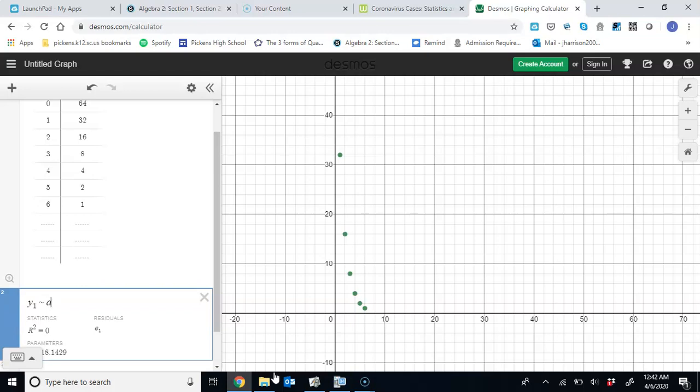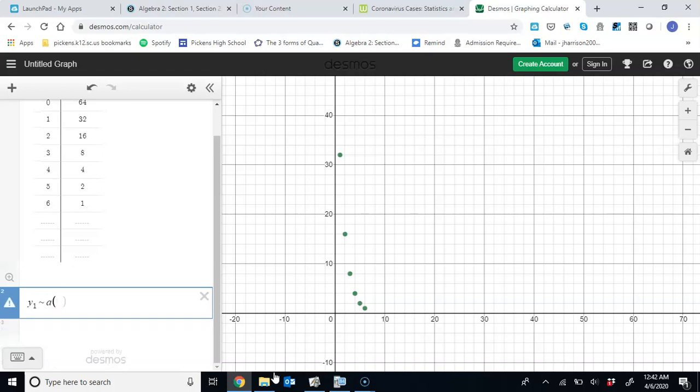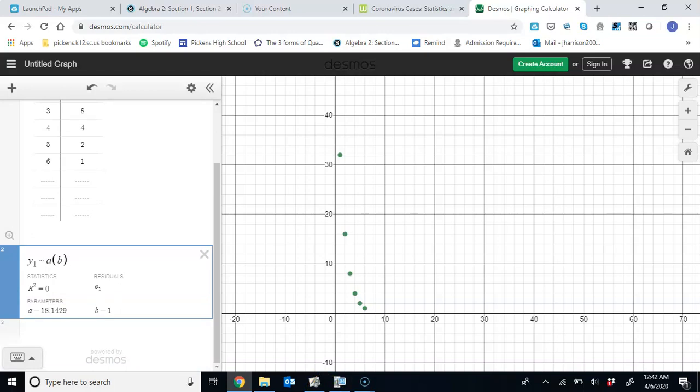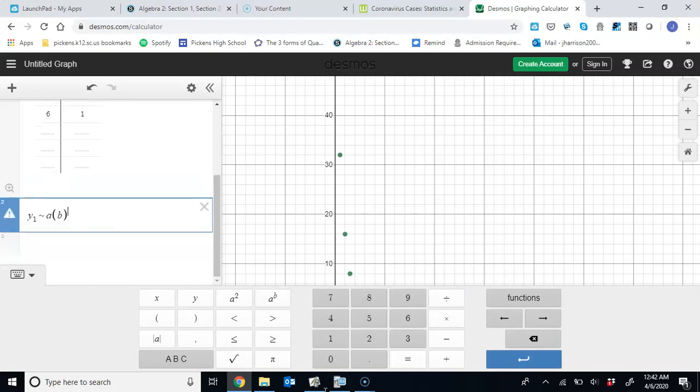I'm going to multiply a times, I'll use parentheses here, b, and then I'm going to raise it to the x power. And I'm going to use my little x1 that's in my little table up there. The way I do that is I take my little keyboard here, and I use this little raise it to the power. It moves it into the exponent, and I'm going to type in x1.